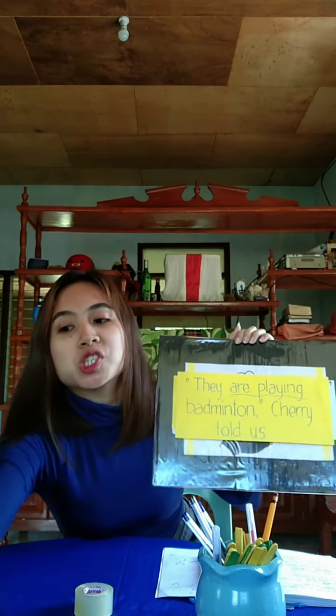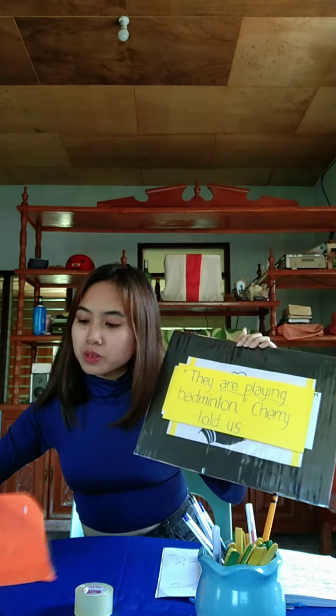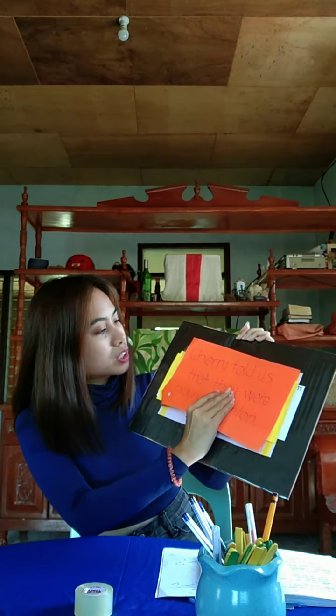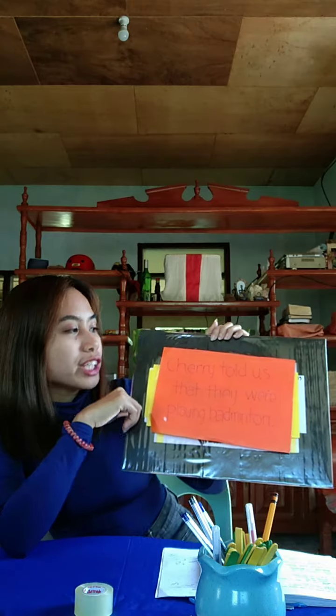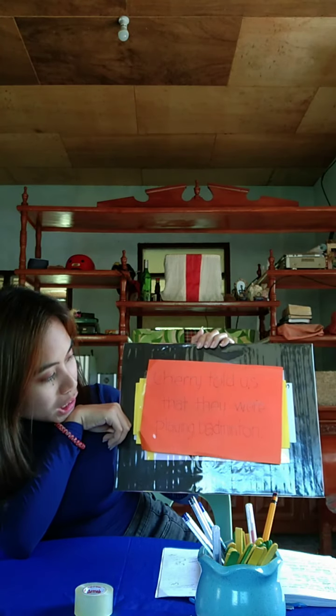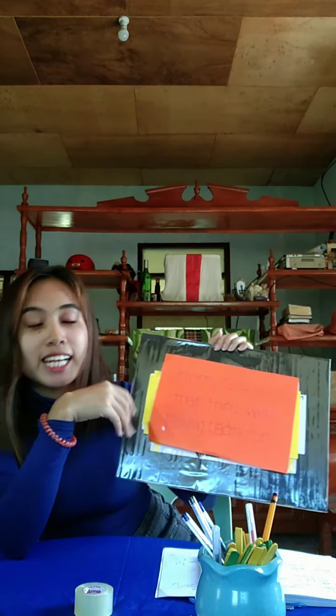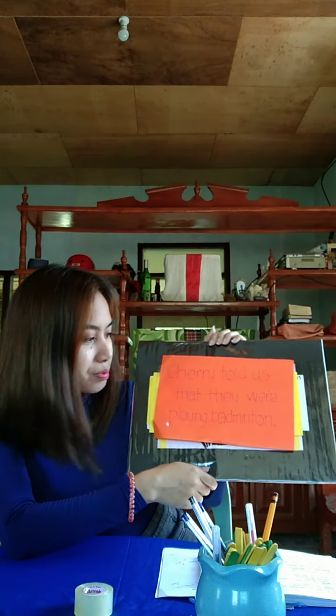So our indirect speech now is this one: Cherry told us that they were playing badminton. That is now indirect speech. Actually, there are many things that you need to consider in transforming direct speech to indirect speech, and we will learn those in detail. So let's go to our PowerPoint presentation.